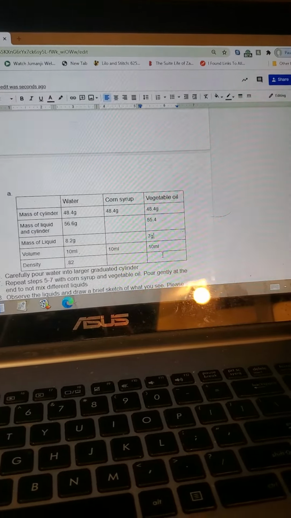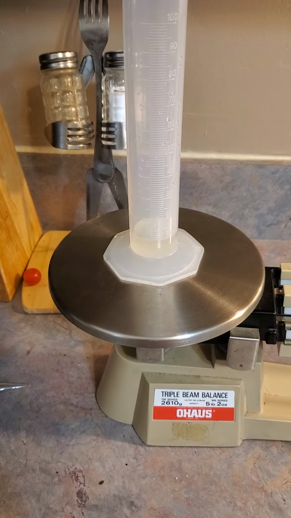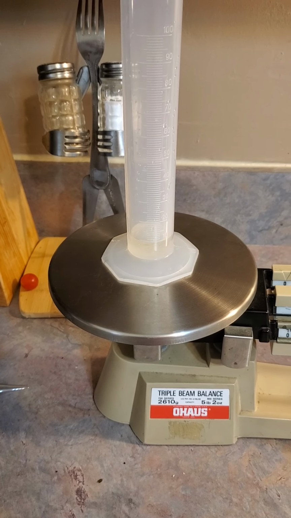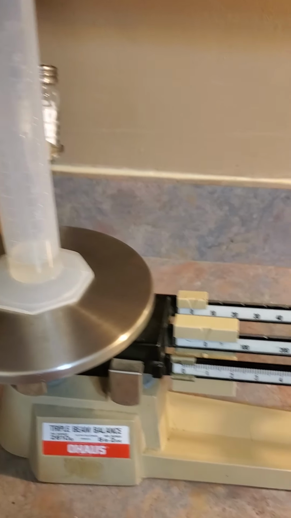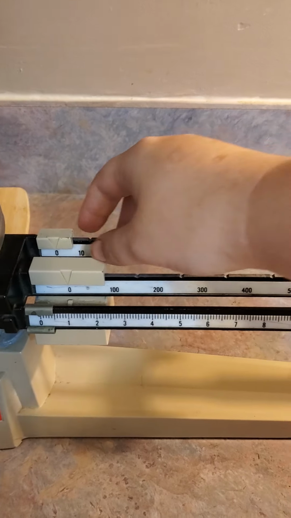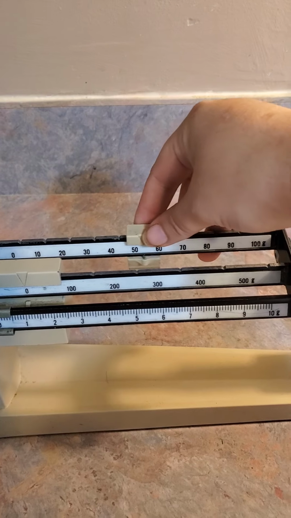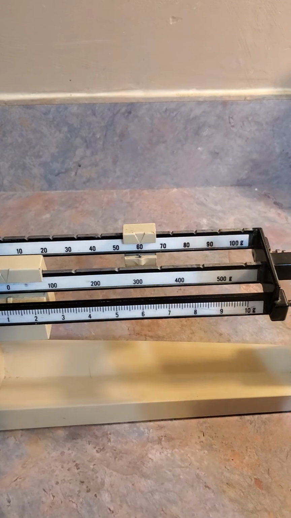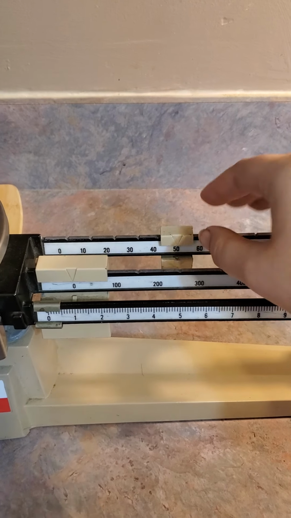Okay. Alright, so now I put the corn syrup inside the cylinder, and now we're going to go ahead and move this. So we're going to assume that it's at least 50 because that's what the other one had been. So it's going to continue to be 50 because it's heavy.